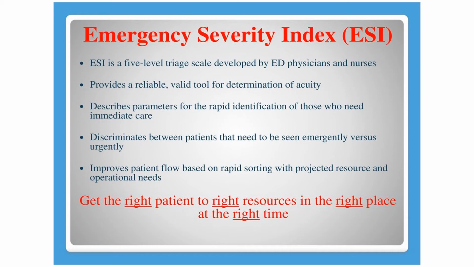Now, if you have a disaster, say an explosion, and you have 20 or 30 people coming in, the sickest may not be the first person to be seen, because you have to remember it also depends on the resources of the hospital, the staffing of the hospital.